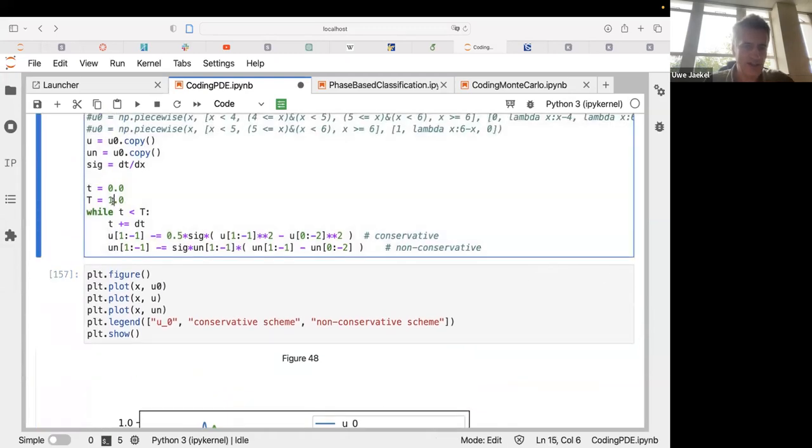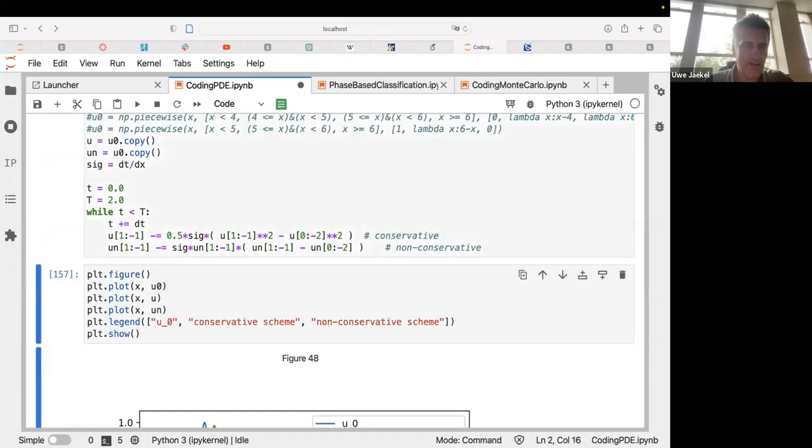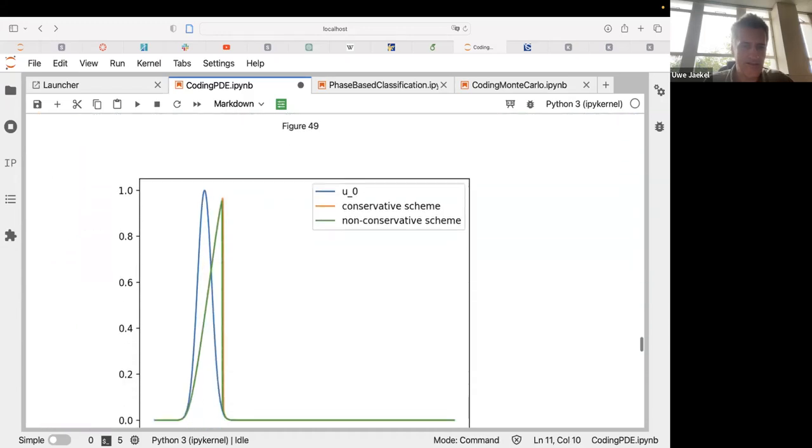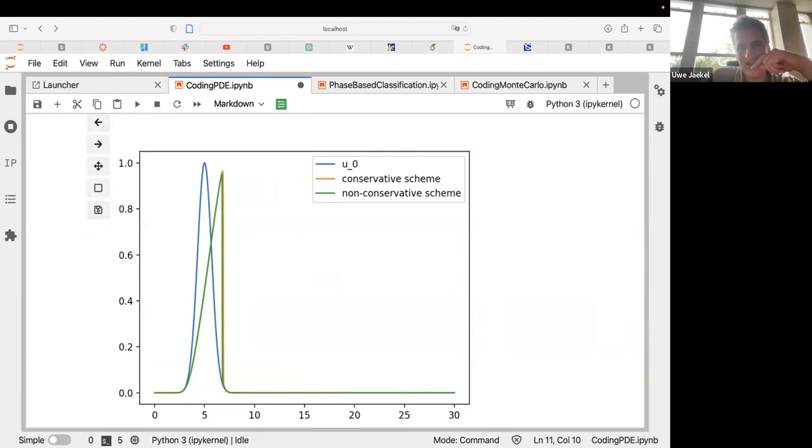Okay, so why not move a little bit further? t equals 2, and okay, still looks quite okay. So the tail is getting even wider, and the shock is getting more pronounced.